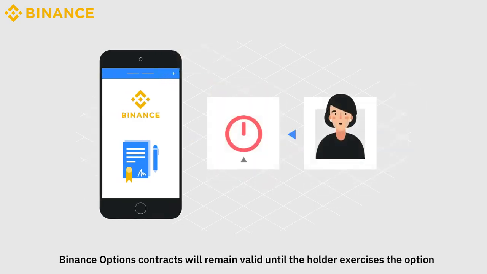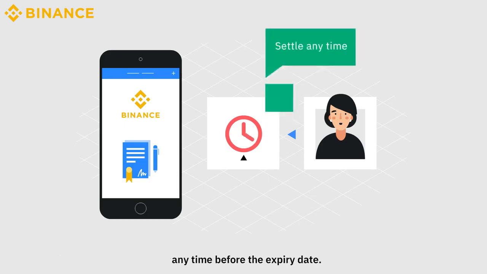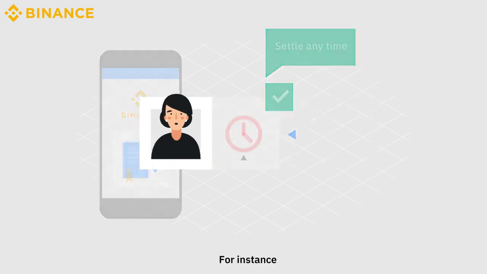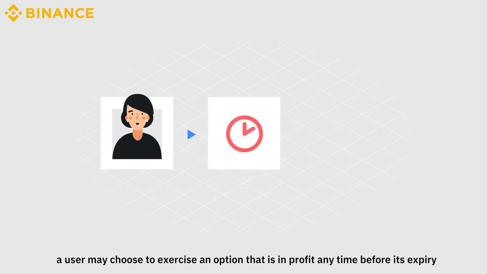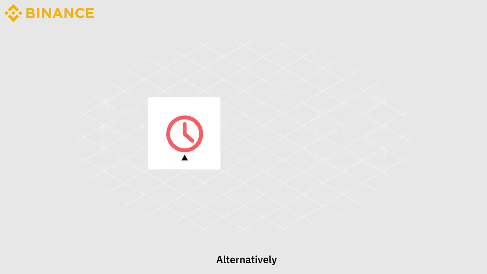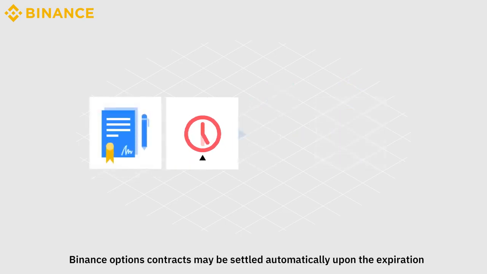Binance options contract will remain valid until the holder exercises the option any time before the expiry date. For instance, a user may choose to exercise an option that is in profit any time before its expiry. Alternatively, Binance options contracts may be settled automatically upon the expiration.